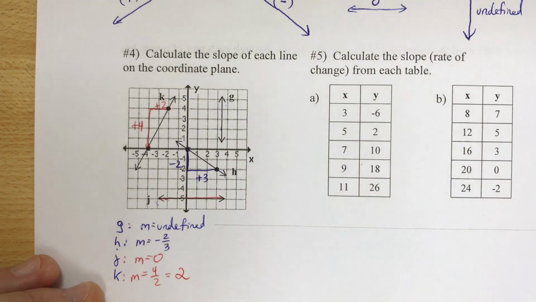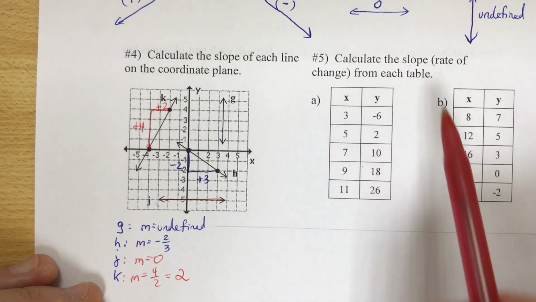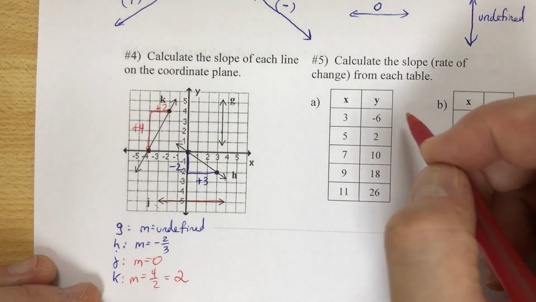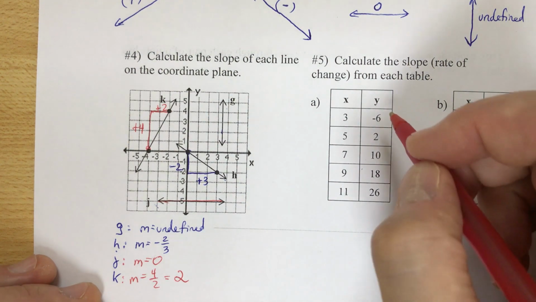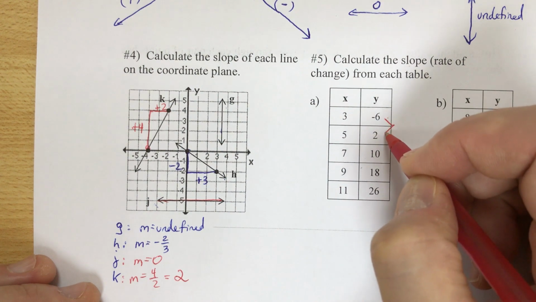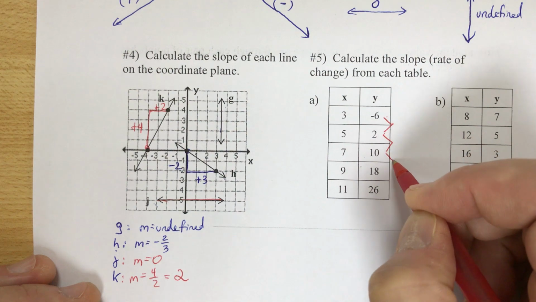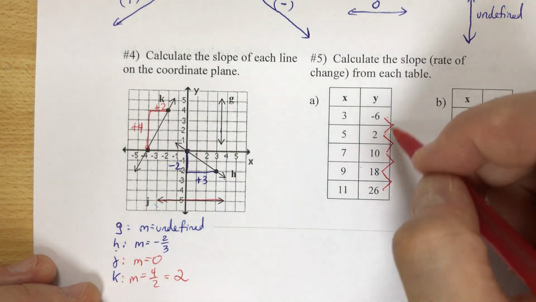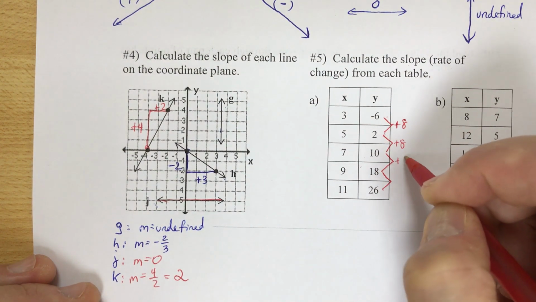There's your slopes. Number 5, calculate the slope, the rate of change from each table. Well, the rate of change is the change in the y values divided by the change in the x values. So let's look at the y values. To get from negative 6 to 2, and from 2 to 10, 10 to 18, and 18 to 26, do you see a pattern? Hopefully you look at that and you say, oh, each time I am adding 8.